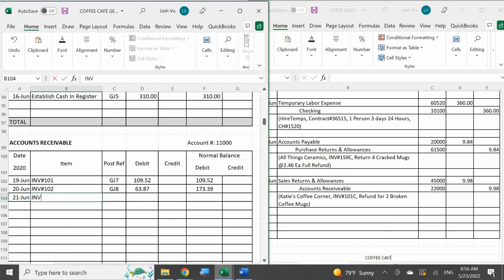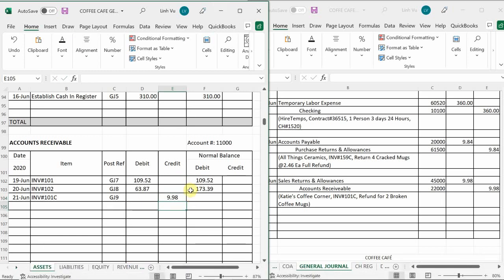We are going to be issuing her a refund on the invoice 101, and in this case it's going to be a credit here for $9.98. So therefore, what's my account balance?